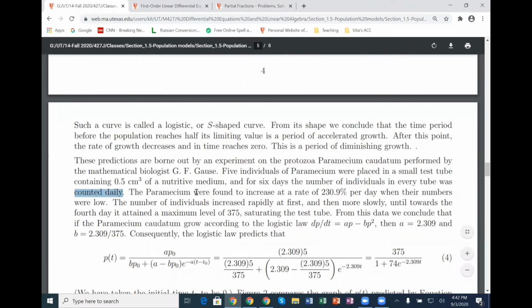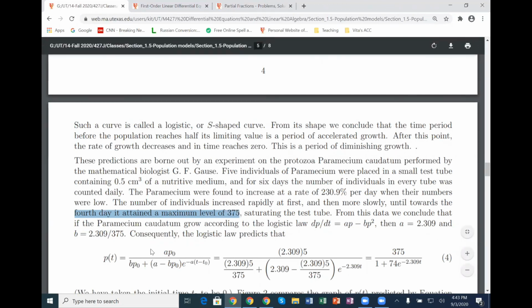The paramecium were found to increase at a rate of 230.9% per day when the numbers were low. The number of individuals increased rapidly at first and then more slowly until towards the fourth day it attained a maximum level of 375.